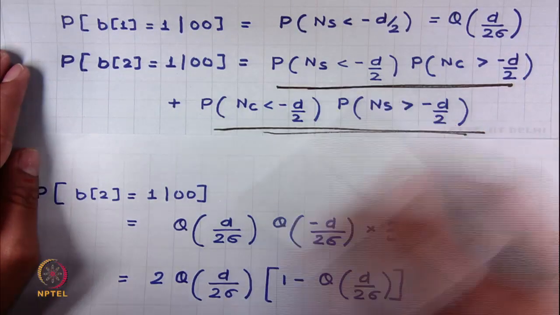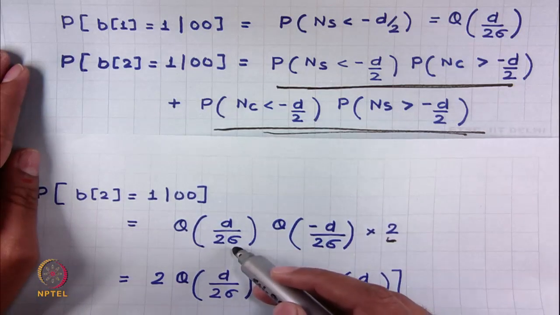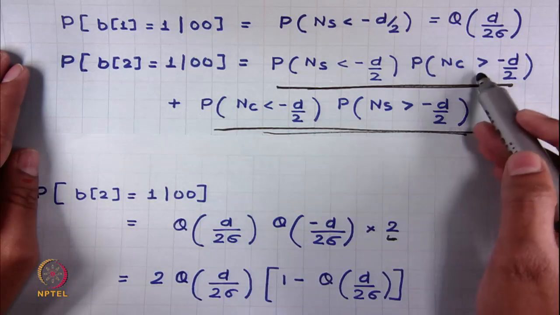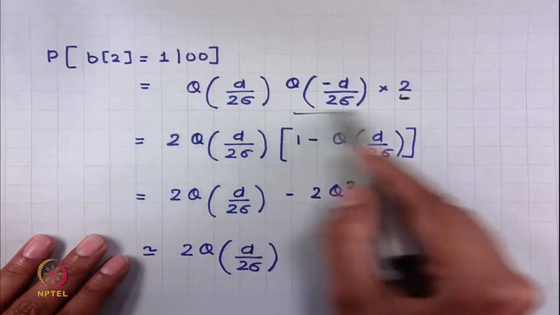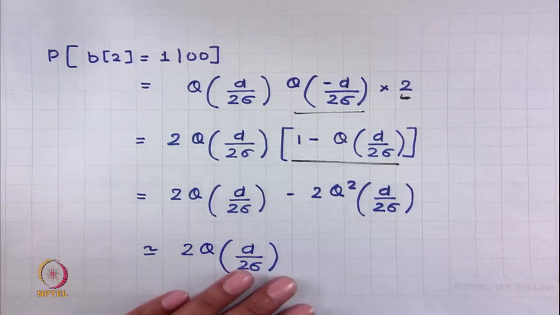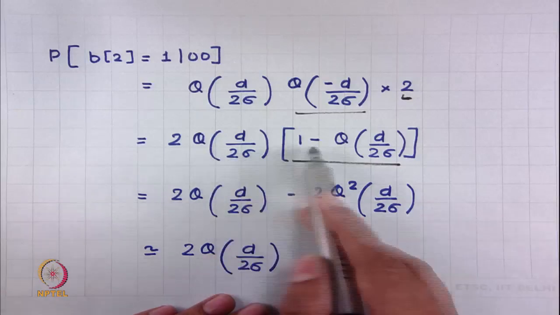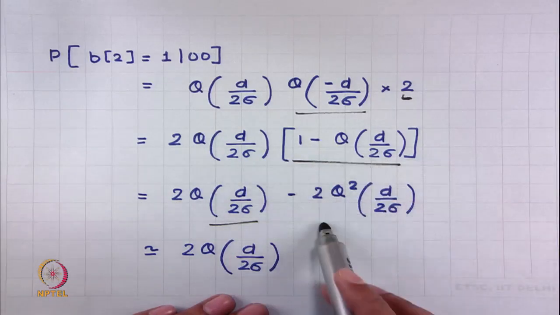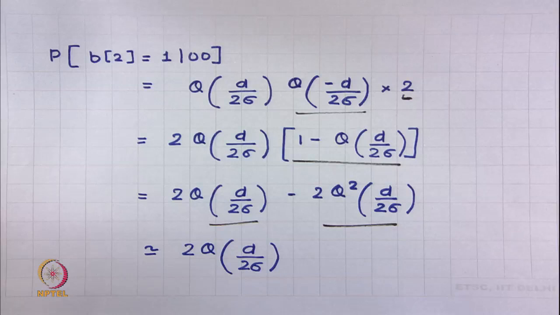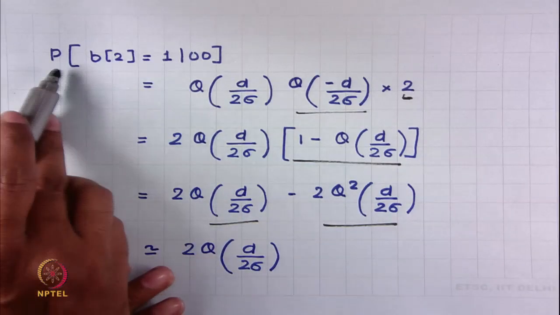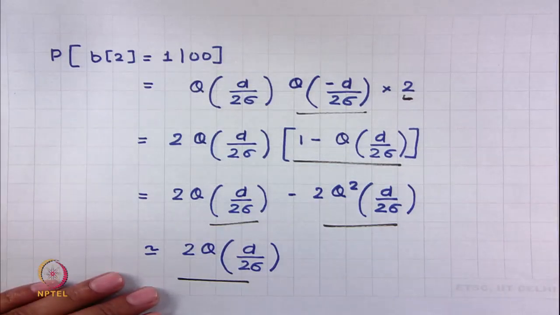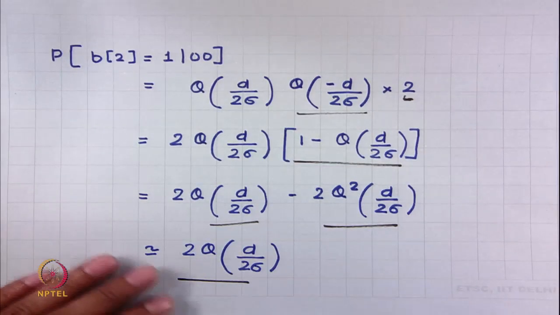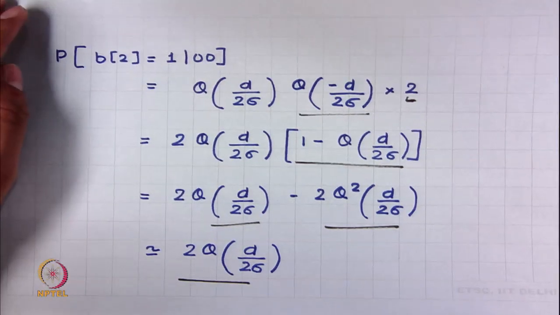This probability is simply Q of d by 2 sigma, this we have seen before, and this probability is Q of minus d by 2 sigma. You can also write that Q of minus d by 2 sigma as this, and you multiply this with this, you get this, multiply this with this, you get a Q square function, and approximately you can find that the probability of bit 2 being 1 is 2 times Q of d by 2 sigma. Of course, we are assuming that hypothesis 1 is transmitted.